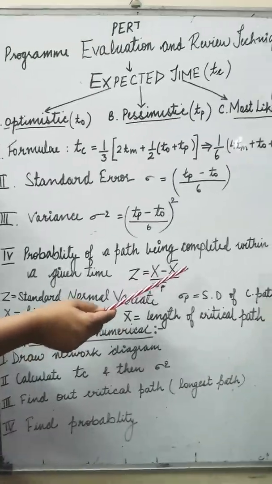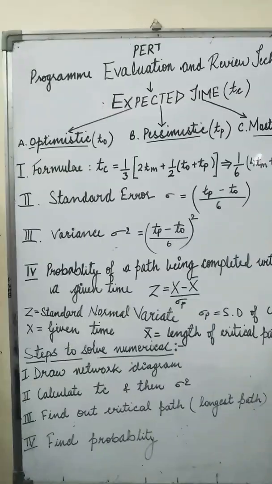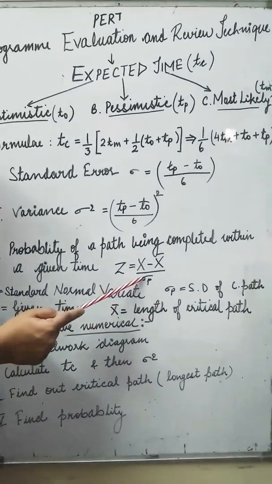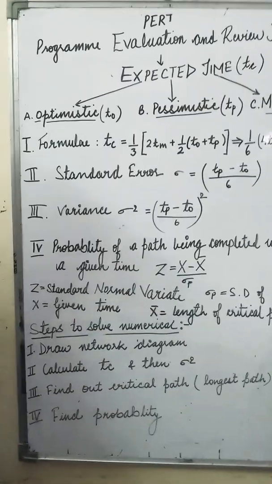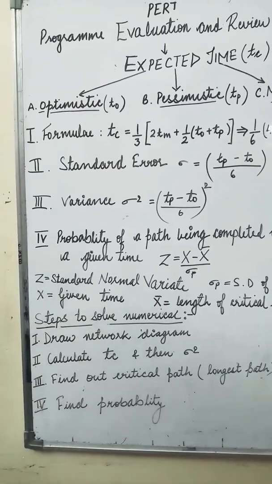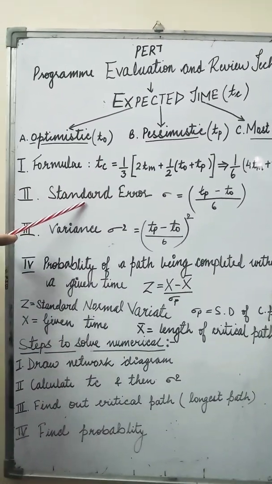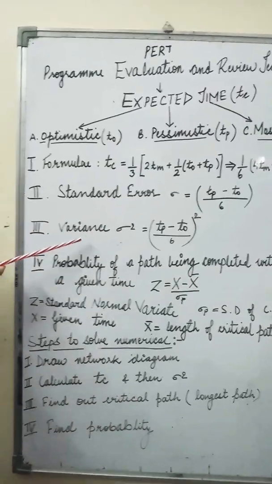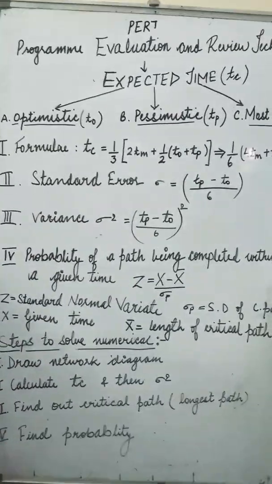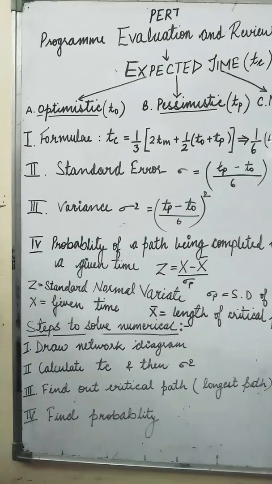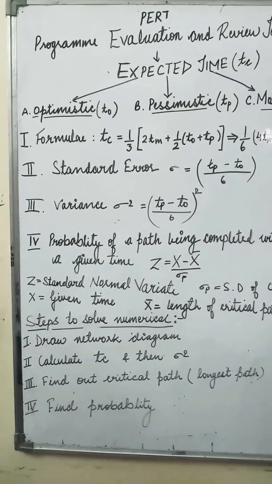X is the given time. X bar is the length of the critical path. And this is the standard deviation of the critical path. In this way, you can calculate all these four values: total expected time, standard deviation or standard error, variance, and the probability.